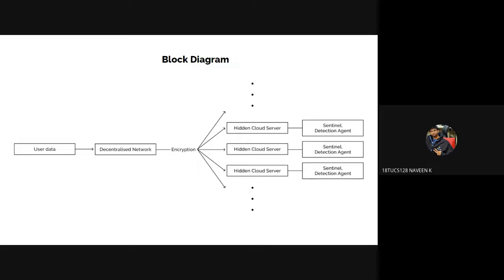I can explain: if we send a message "hi" to a person, the "hi" will be split, or in technical terms sharded, into 32 servers. So the message is encrypted and split into 32 servers, and then using Sentinels and detection agent, which are customized algorithms, we use reverse proxy methods to encrypt and decrypt the data.